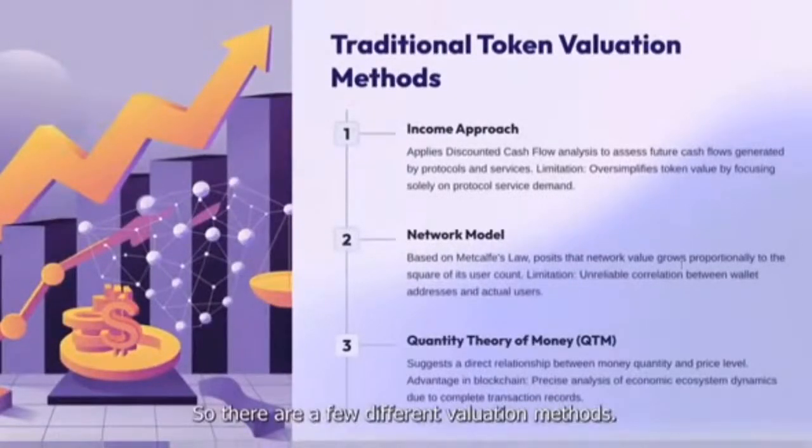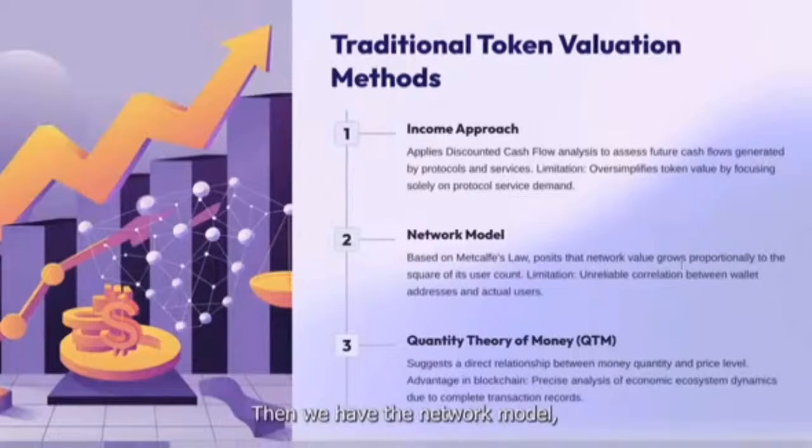There are a few different valuation methods, and this is where things get a bit heated, because there's no objective way to value different cryptocurrencies. A method we've borrowed from more traditional financial theory is the income approach, which uses things like discounted cash flow analysis to assess future cash flows.